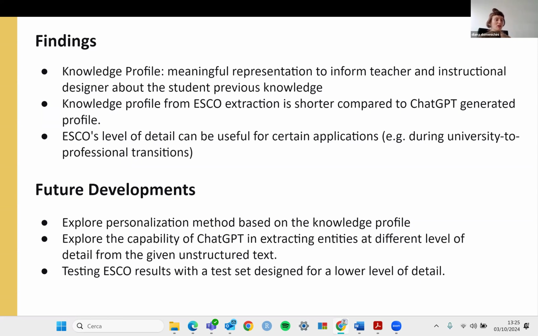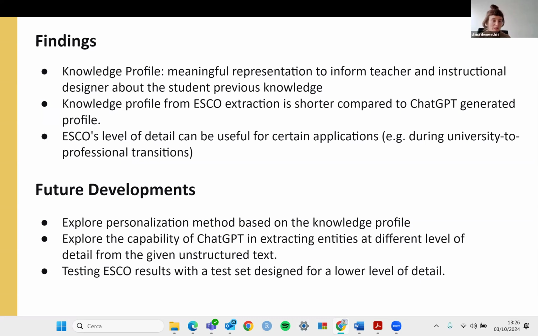For example, ESCO has a lower level of detail, but can still be useful for certain applications, for example during the passage from university to professional transition, where you don't need a profile that represents deep and vertical knowledge of the students, but maybe just the skills he or she has addressed during his or her past academic studies.